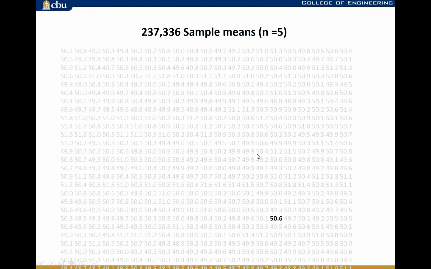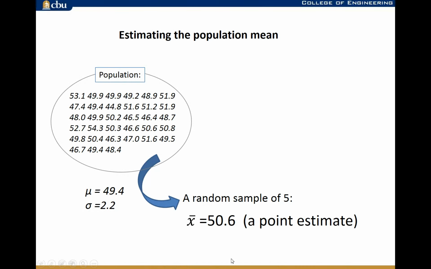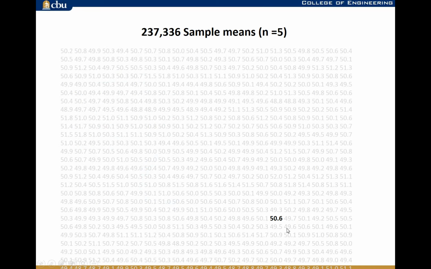And then we know that this is a point estimate. So let's go back to see it again. Why is it a point? Because we randomly select one set of the average. We call it X bar, and that belongs to, actually, 1 of 236,336 sample means.